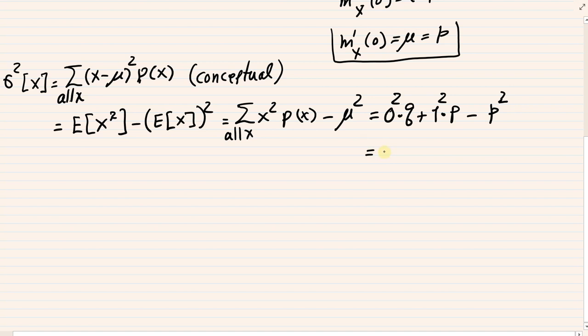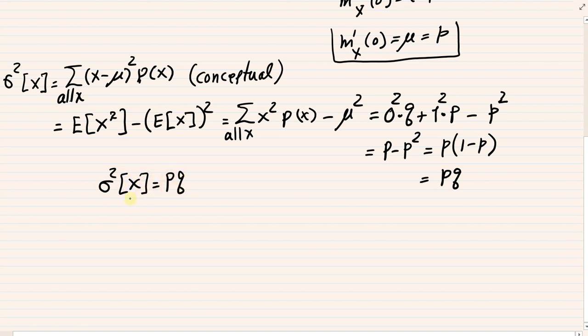That's going to give me P minus P squared, or I can factor out the P: P times 1 minus P. Because 1 minus P is Q, I can write it as PQ. So we have arrived at the variance of a Bernoulli random variable. The variance is going to be PQ.